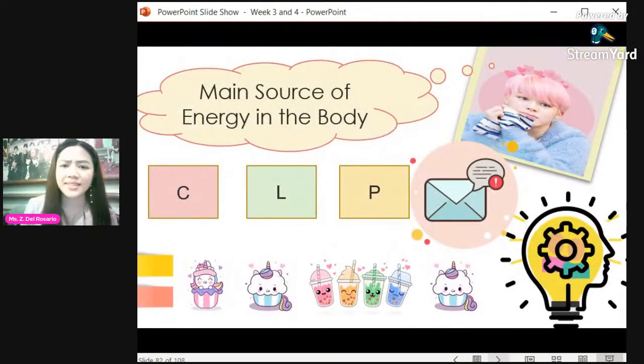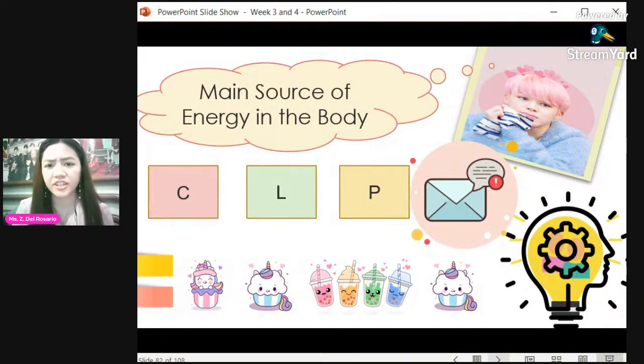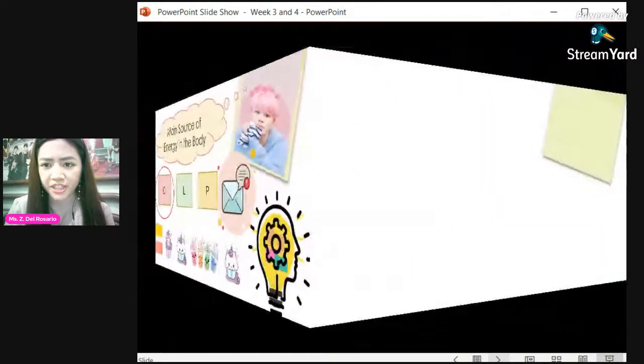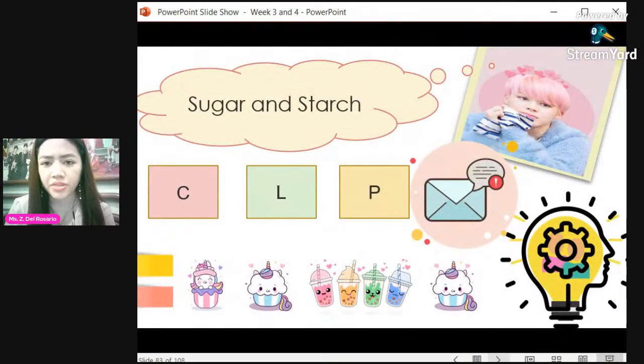So this time, let's analyze. If it is considered to be the main source of energy in our body, would that be carbohydrates, lipids, or proteins? The main source of energy in our body is none other than carbohydrates. How about this? If it would be including sugar and starch, what would that be?